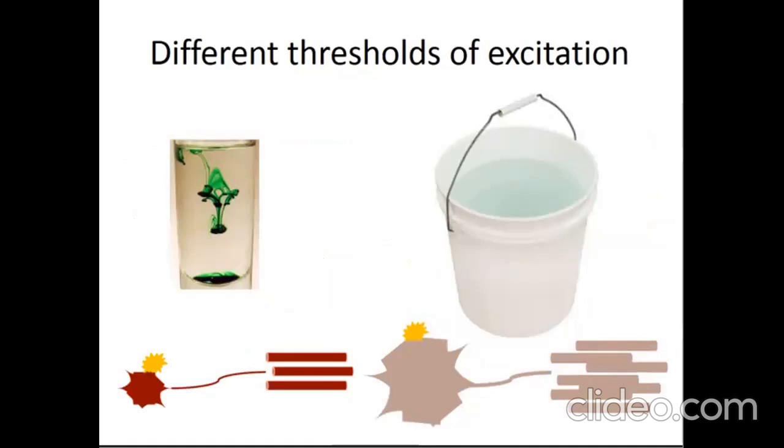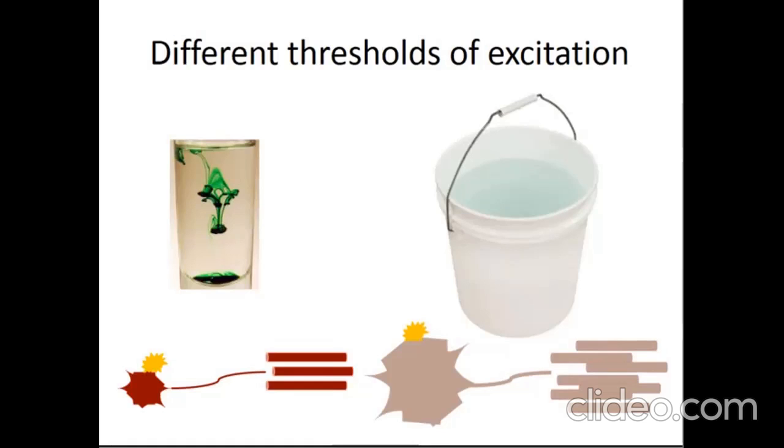That would represent a small motor neuron innervating slow twitch fibers, versus adding one drop of food coloring into a large bucket of water. That would represent a large motor neuron innervating fast twitch fibers. So the single glass will be much more affected by the drop than the bucket.